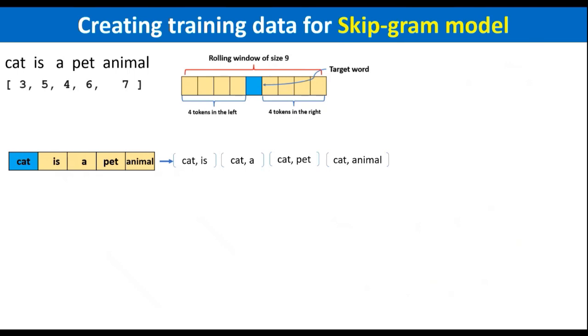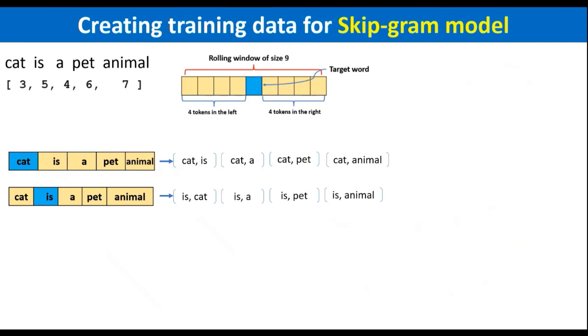Now we will shift the rolling window to the right, and our target word is "is". There is one token to the left and 3 tokens to the right, and we get our training data pairs like this: is cat, is a, is pet, and is animal. Again, we shift the rolling window to the right, and now our target word is "a".